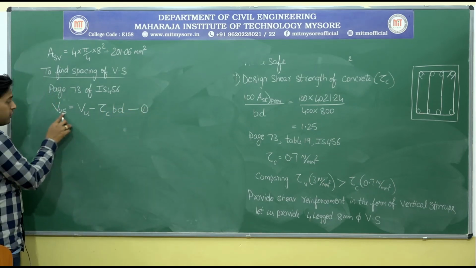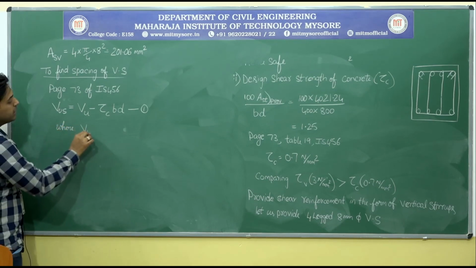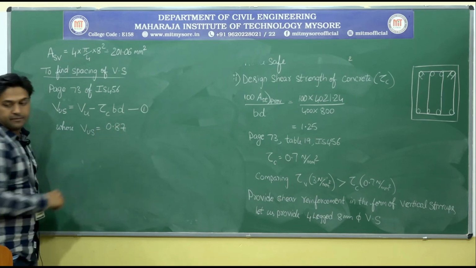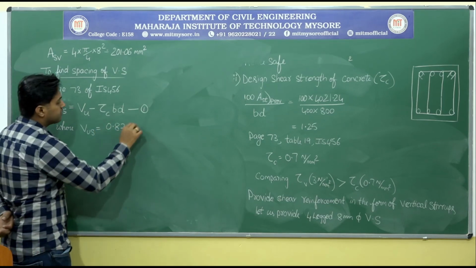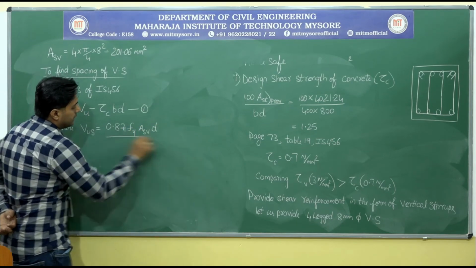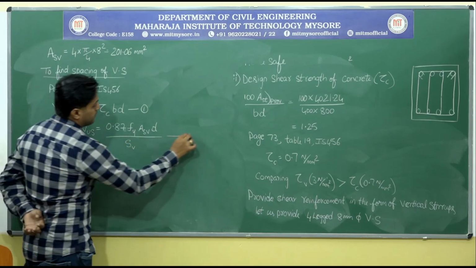Where, observe, VUS is given by 0.87 Fy ASV into D divided by SV, where SV is nothing but the spacing.